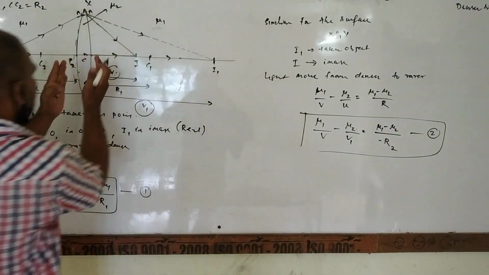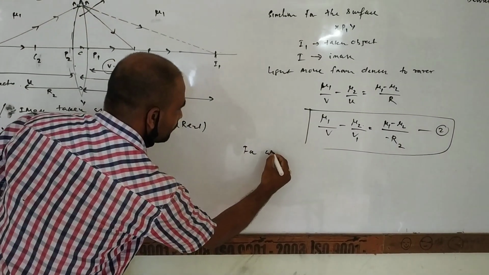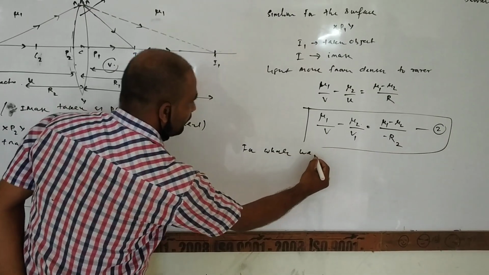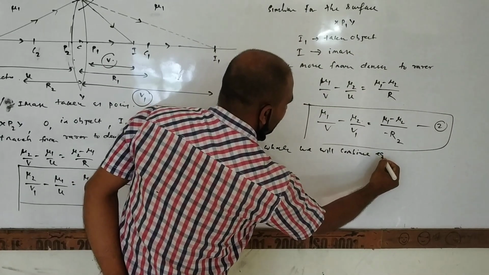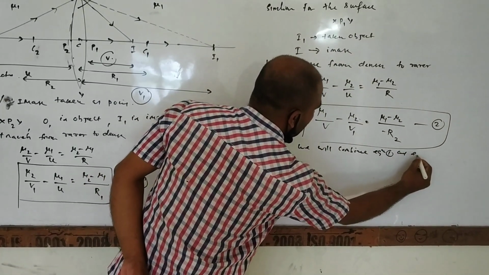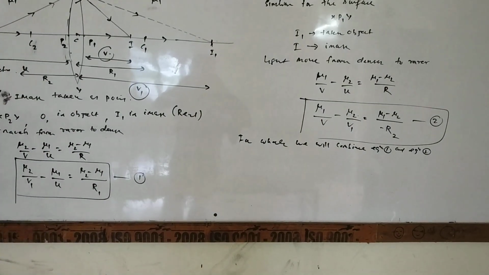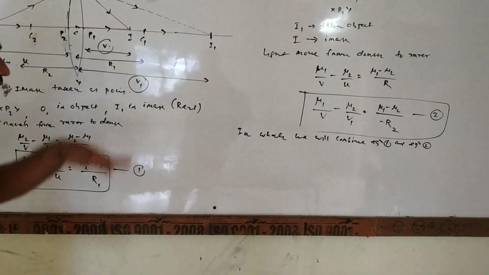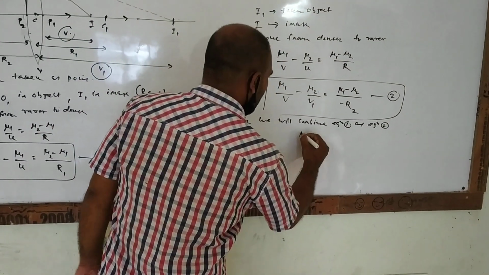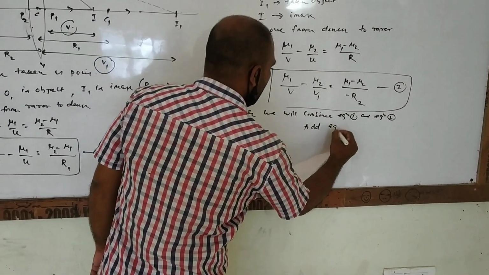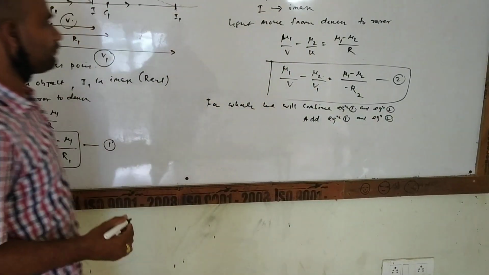For the whole lens, we combine equation 1 and equation 2, that means we add equation 1 and equation 2.